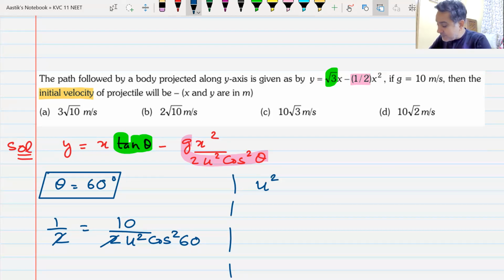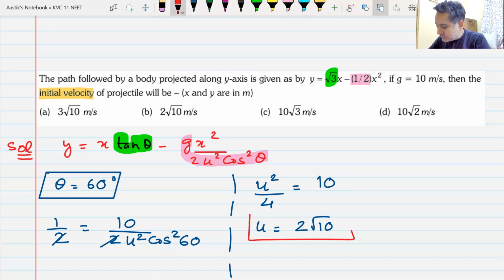So cos square becomes 1 by 4, and u squared by 4 is equal to 10. So u squared is 40, and u becomes 2 times √10. I've taken the square root. Do we understand this? Everyone understands this? Well done, my dear friends.